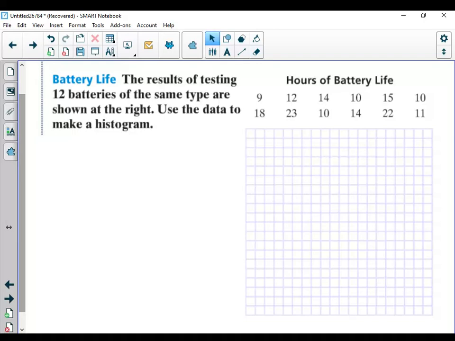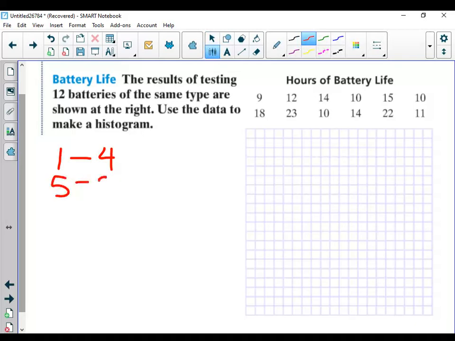Here is a good example not related to battery life. Our schools, if you think of Fieldstone and Middle School West and the high school, they have really good intervals already. Because if you go to Fieldstone, you're in grades 1 through 4. That would be an interval. And if you're at West, you're in grades 5 through 8.